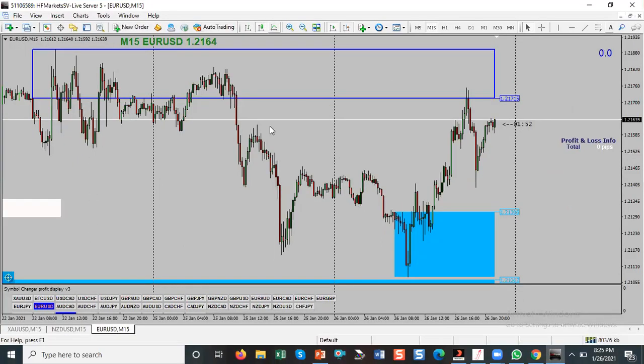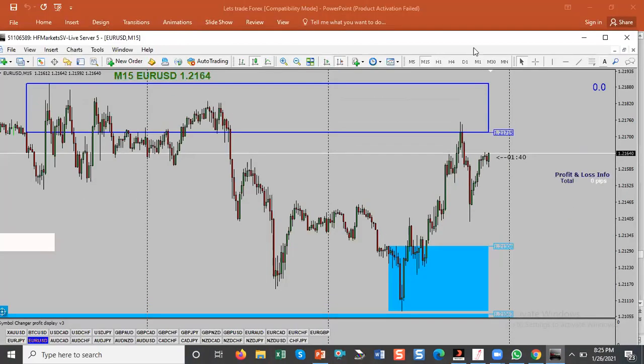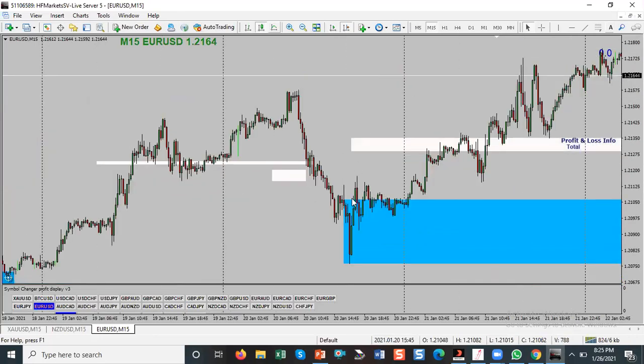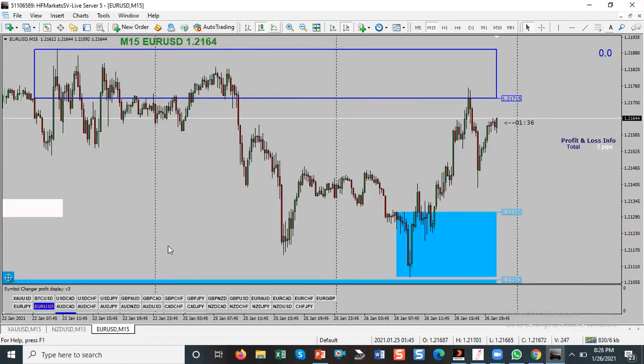So this is it. This is how it looks like. So this is a demand zone. So we expect price, as price gets back to it, there's a strategy we can use to enter the trade and buy.